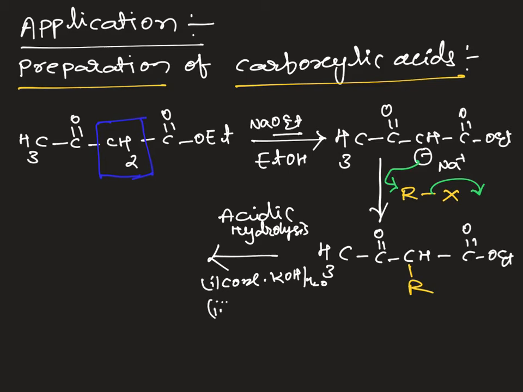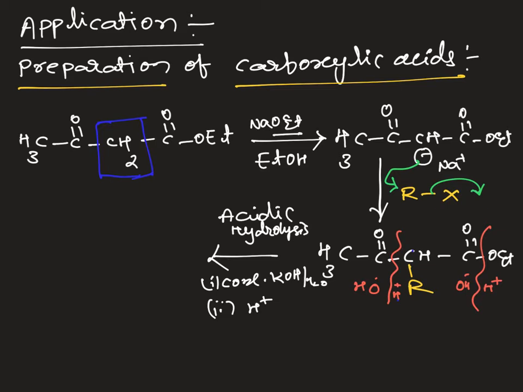After completion of the hydrolysis, we have to do acid workup and the cleavage will take place here, OH minus and H plus, and similarly here OH minus and H plus. So this part is converted to CH3COOH and RCHCOO, where H plus will sit on this carbon, and next we will get ethanol.